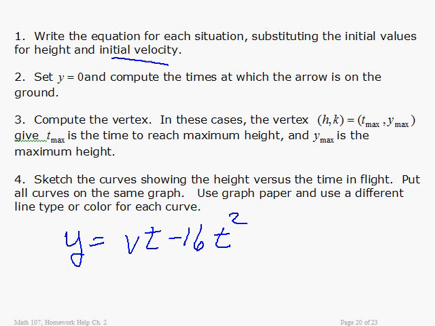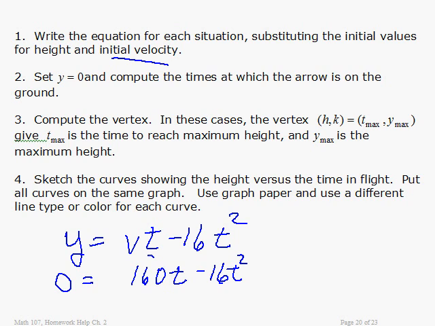I'm going to give you that initial velocity, this value right here. And from that, you set y equal to 0, and you compute the two times this thing is on the ground. So let's say I shoot it off with 160 as my initial velocity.